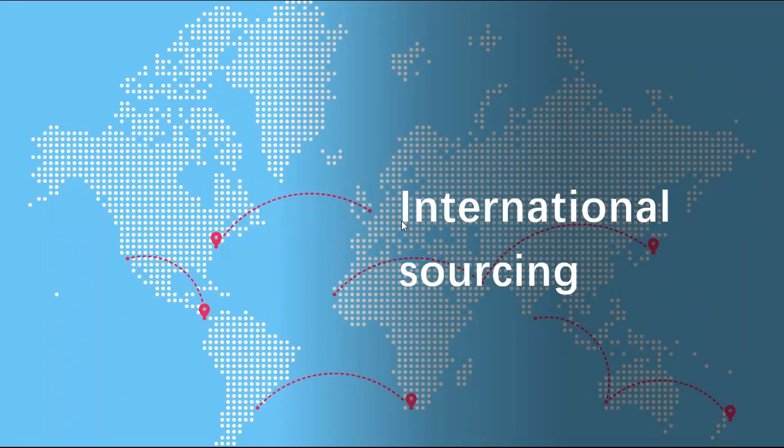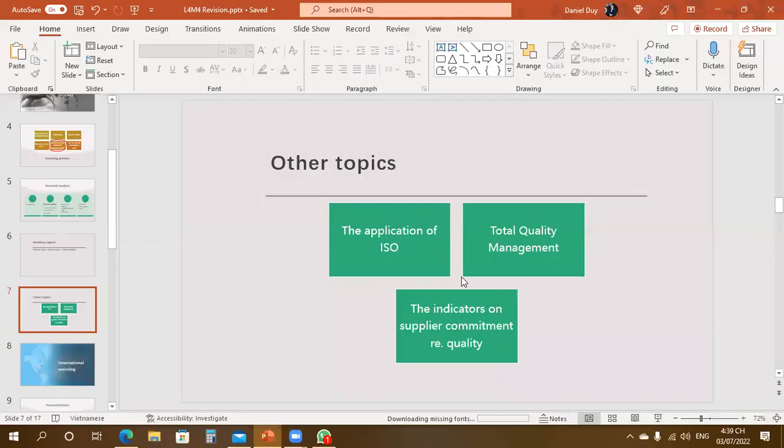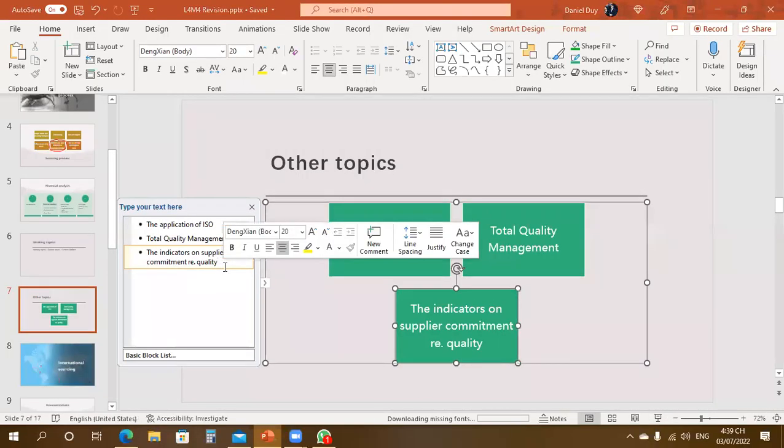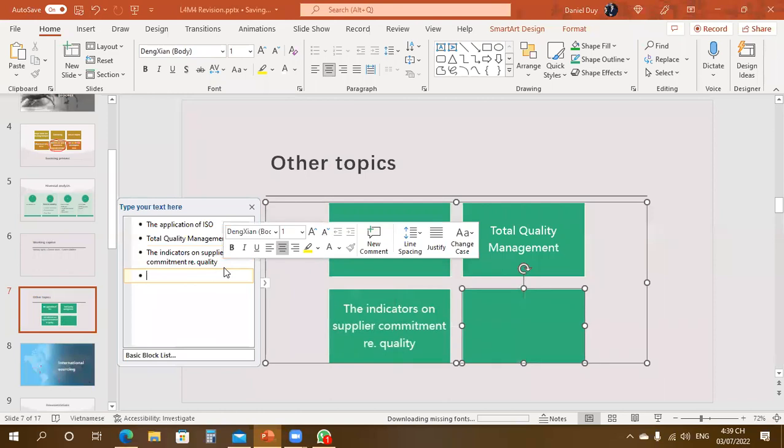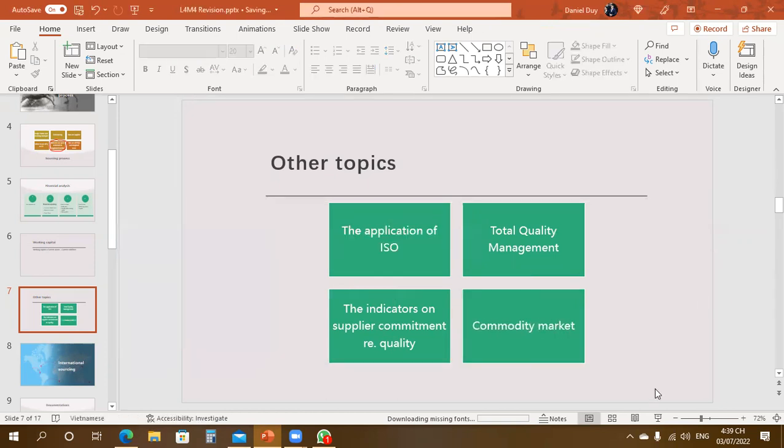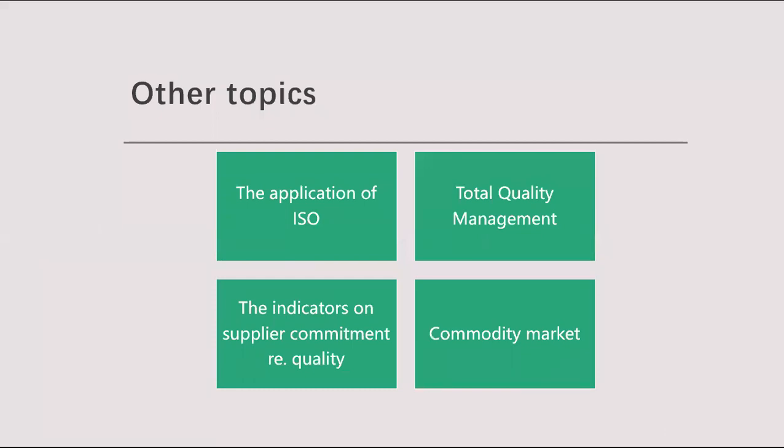Okay, sorry, I need to review here. I also remember that there's another topic here, which is the commodity market. There are some questions on the commodity market. They ask you about the fluctuation of commodity prices.